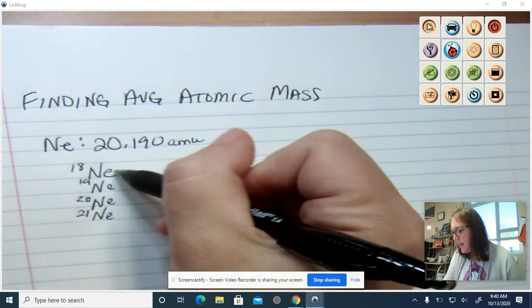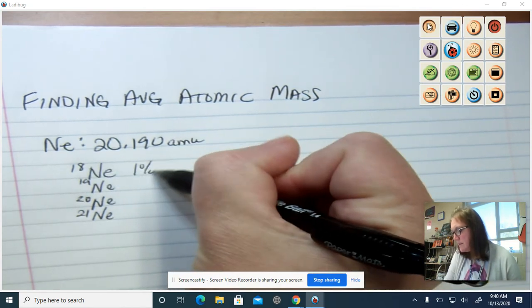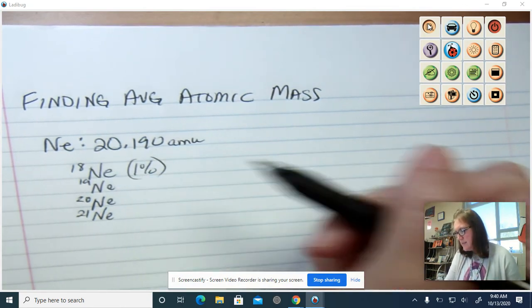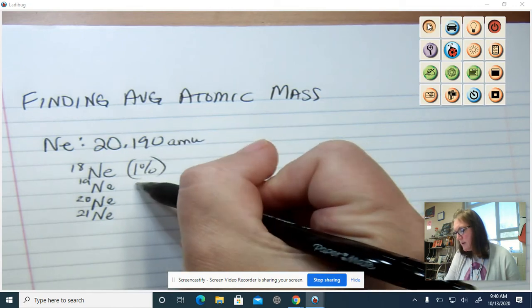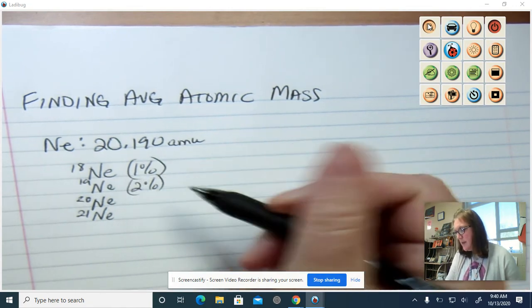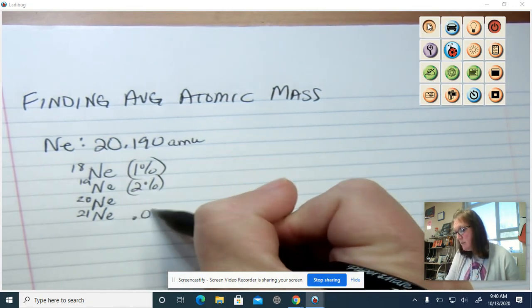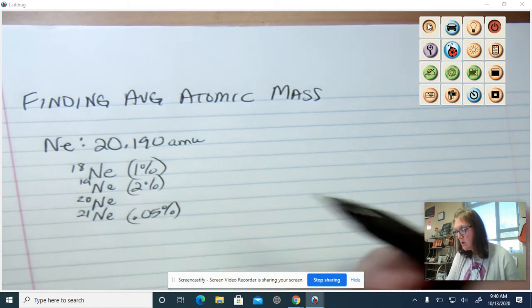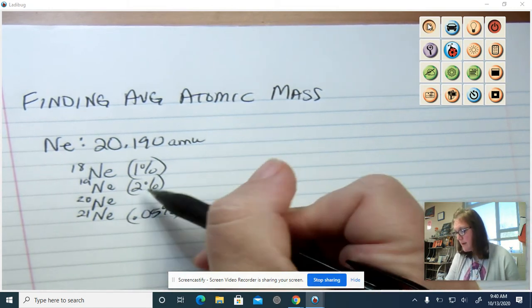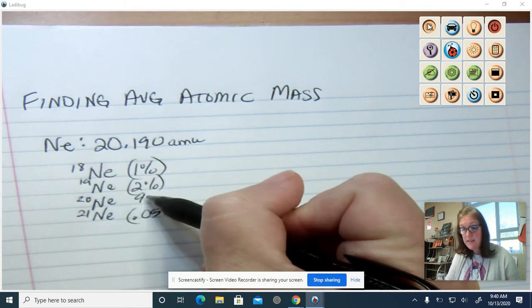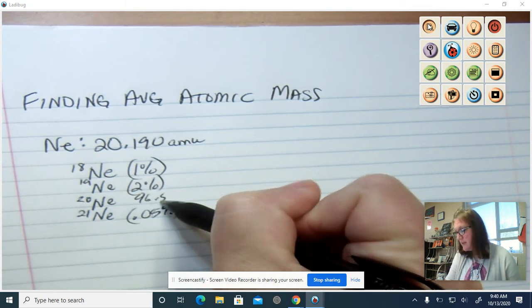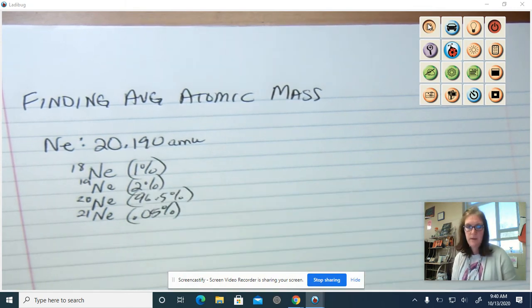Let's say that neon 18 has only 1% abundance, this one has 2% abundance, and then 0.05% abundance for this particular isotope. And then for this one right here, let's say that one was the rest of it, so 96.5% abundance. Okay.